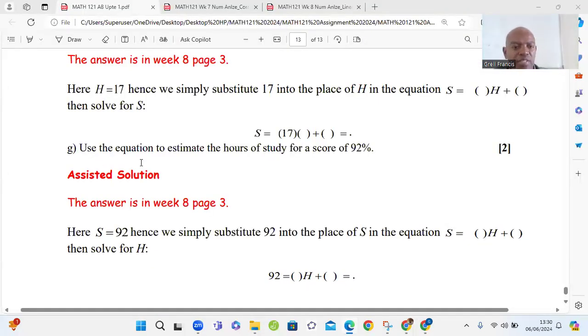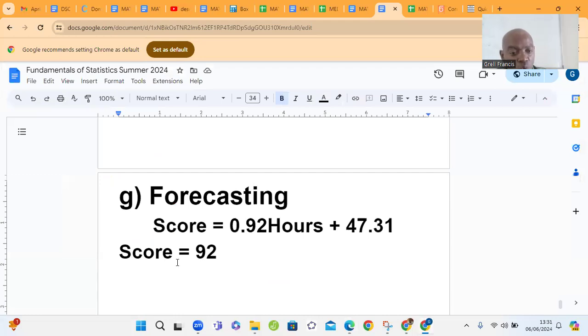Right, for G now, it says, use the equation to estimate the hours if you have a score of 92%. So here now, S is equal to 92, and we're going to substitute that 92 in the place of S. So in our working, we start by saying score is equal to 92.